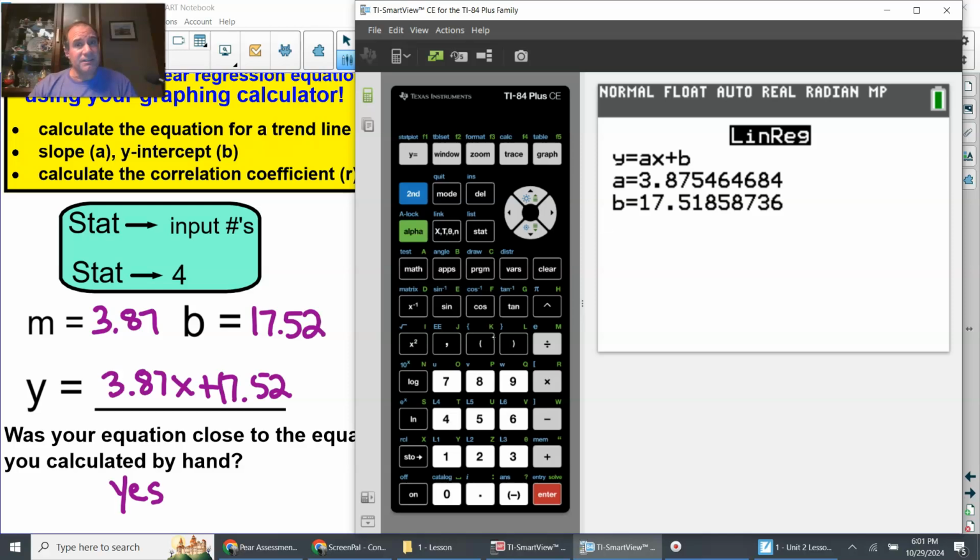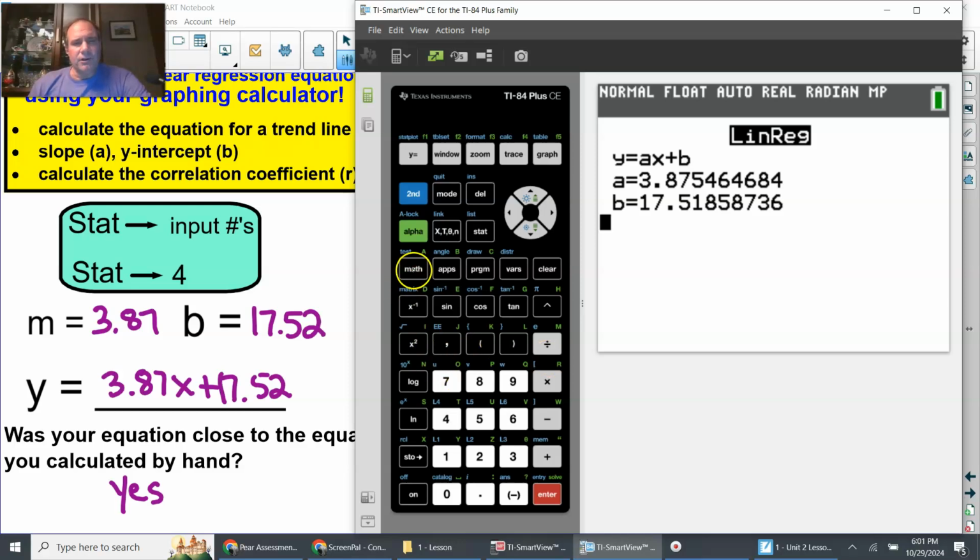If they ask you to reset the calculator, which they will, they're going to want to see that you have the RAM cleared screen. If you have that RAM cleared screen, guess what? You turned stat diagnostics off. You need stat diagnostics on to see the correlation coefficient on this screen. You see this linear regression screen right now. There is no R, but there will be after we turn stat diagnostics on.